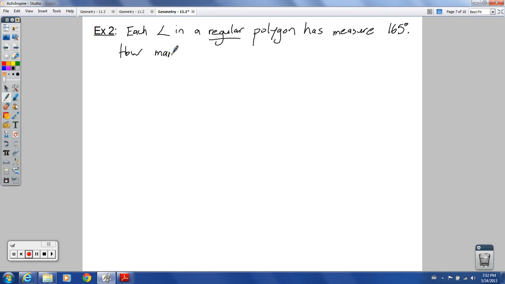And it's regular, so that's pretty important. It's gotta know that to be able to figure this out. How many sides does the polygon have? That is the question.